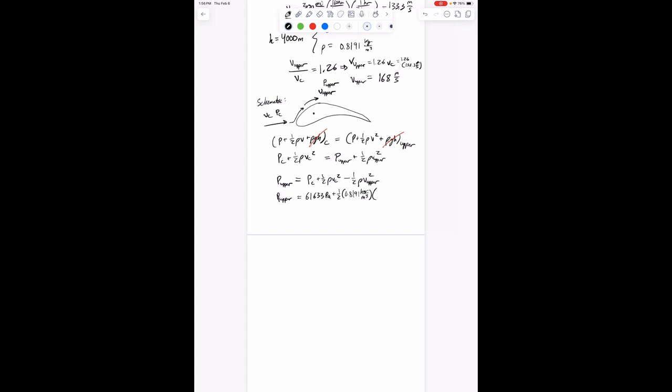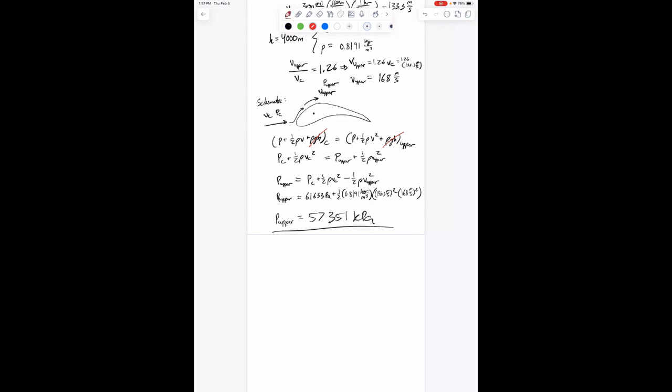So VC, we discussed, was 133.3 meters per second, so we square that, minus velocity at the upper surface, which is the higher one, 168 meters per second squared. Therefore, we get that P upper is 57,351 pascals. So that's the absolute pressure on the upper surface of your wing.